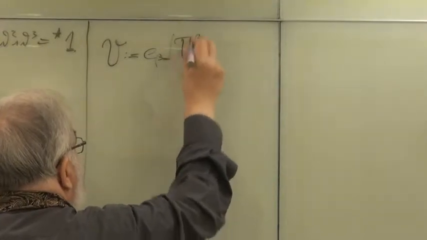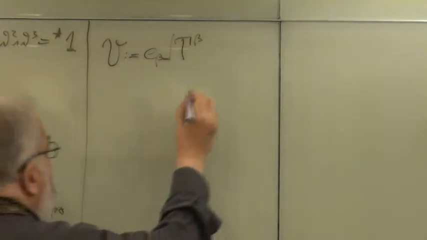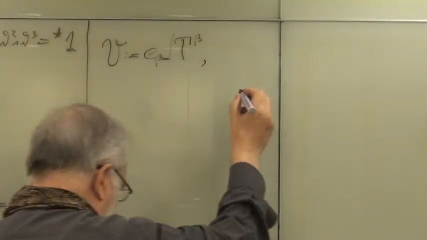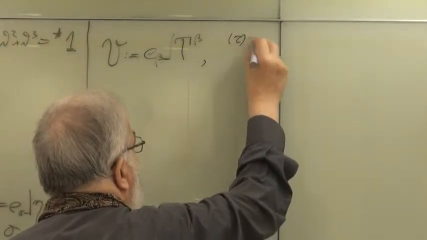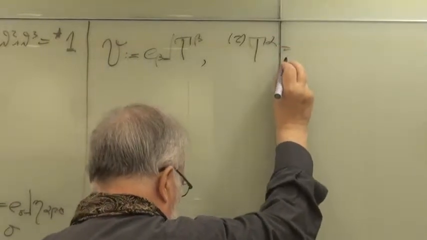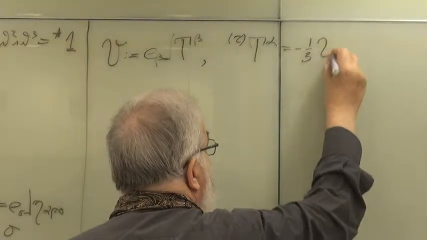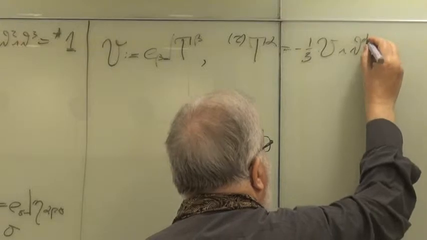So this is a 1-form, and it has no indices left. And then you can easily prove that (2)T^α, the vector piece of the torsion, is equal to minus 1/3 times V ∧ ϑ^α.